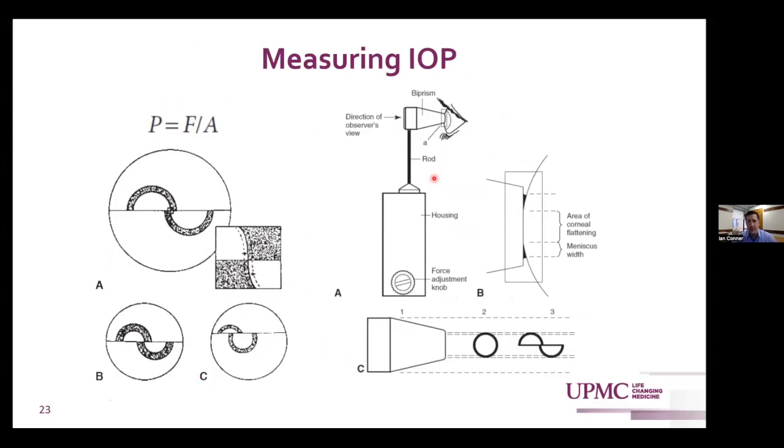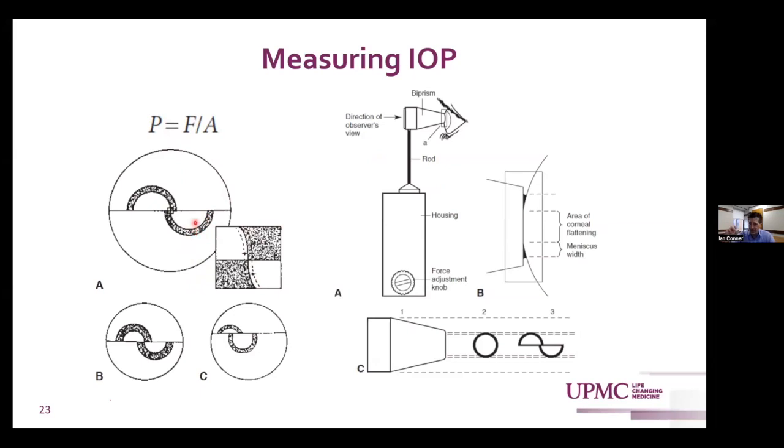So we measure the intraocular pressure with some device that presses on the eye and then gives us a measure of the force that comes back from the eye when we press on the eye. That's, in a nutshell, what we're doing with all of the things that we measure the pressure with. So, pressure equals force over the area, and the cross-sectional area of our Goldmann applanator is 3.06 millimeters square.